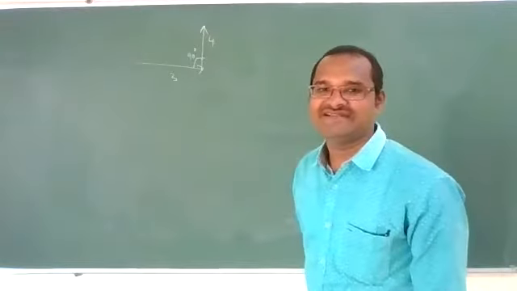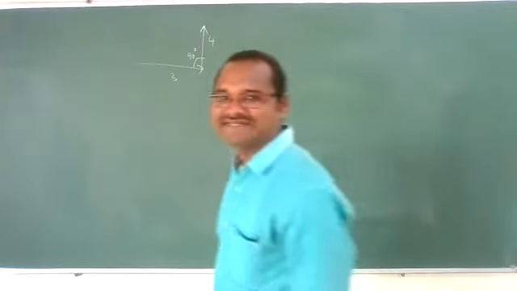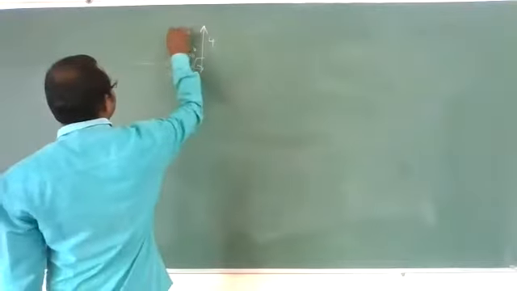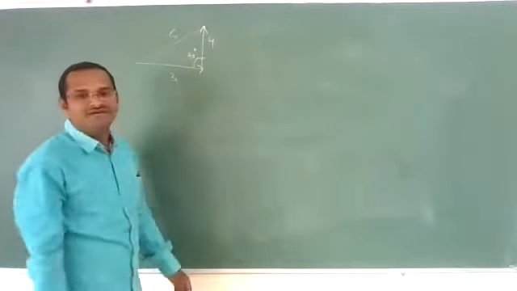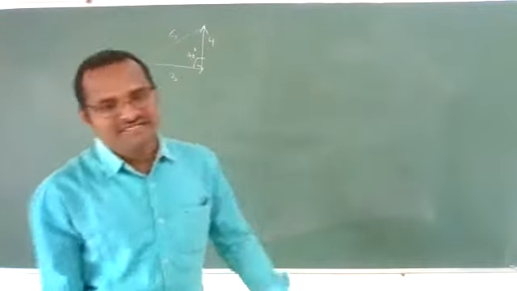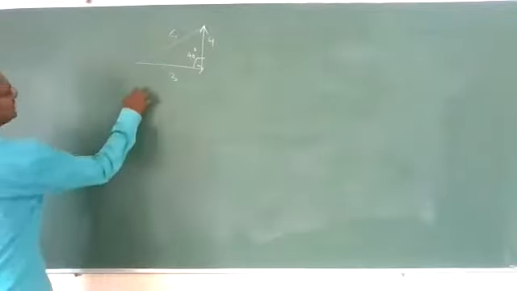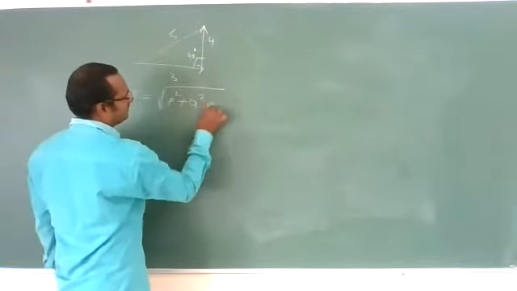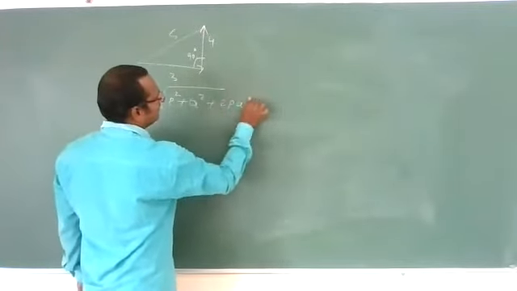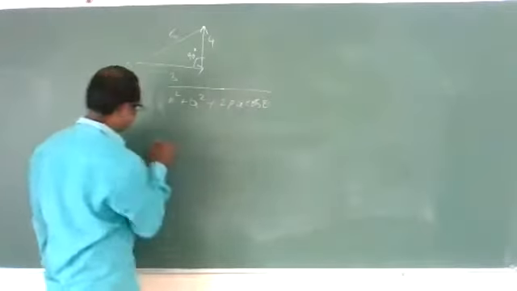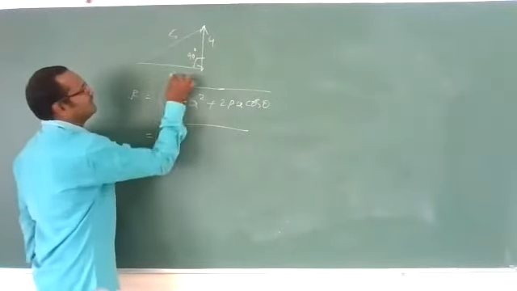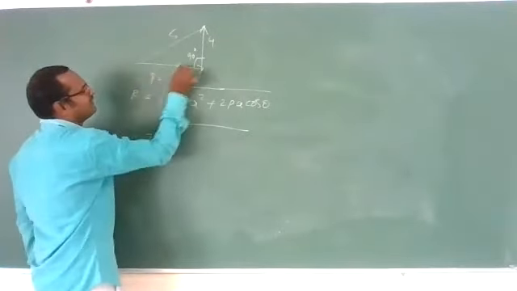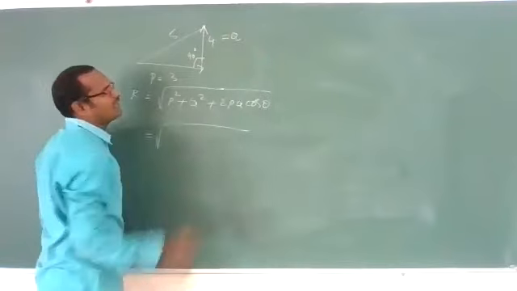It is direct, no? The resultant will be 5, you can say directly. See how you get it: R is equal to root of P square plus Q square plus 2PQ cos theta. This is P and this is Q, whichever you want to take.